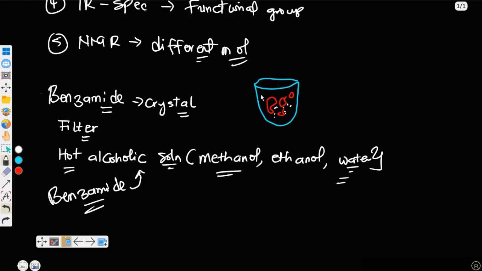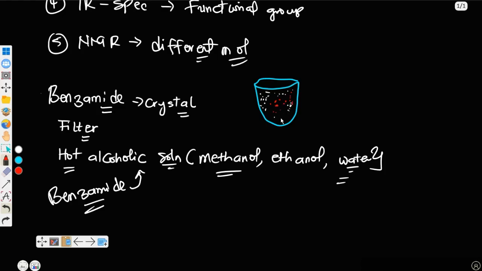Now, it is believed that when you use the hot alcoholic solution, all these crystals you see here will actually dissolve in solution.